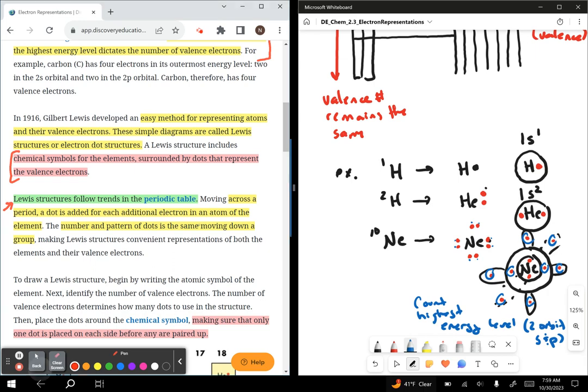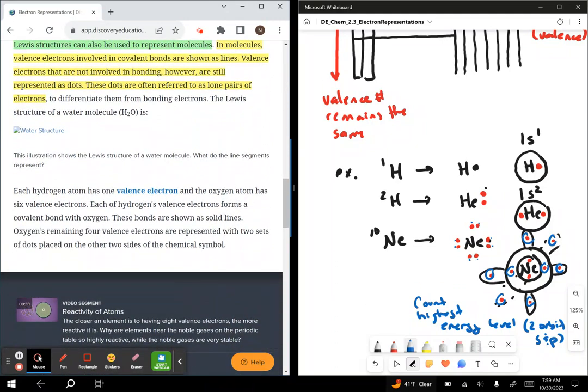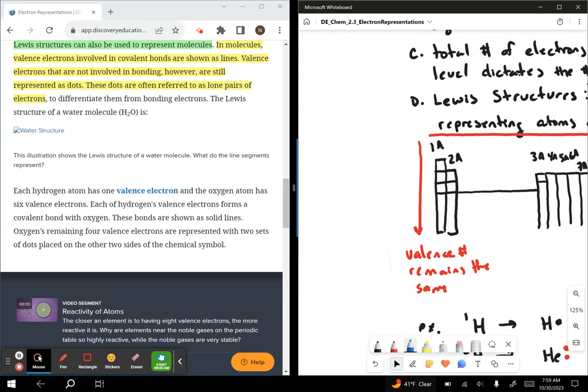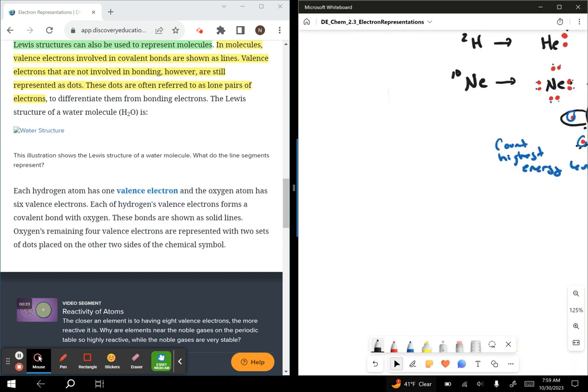All right. Moving on, then, the last thing that they talk about when you're doing these is that you can represent Lewis structures as chemical bonds as well. So, not just atoms with their electrons. And what they're referring to is that you can have, for example, H2O, where you have hydrogen and hydrogen.